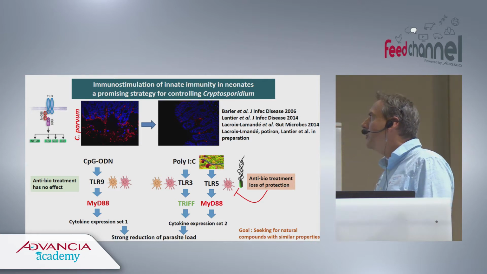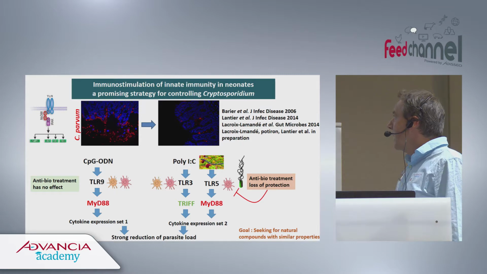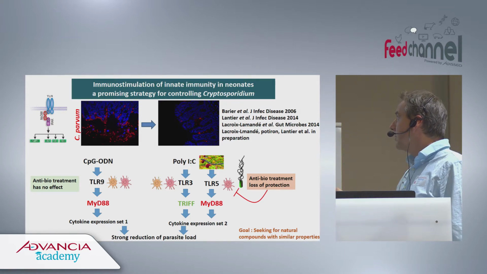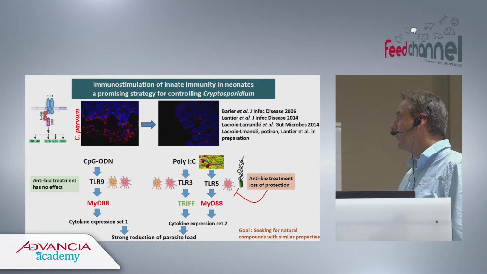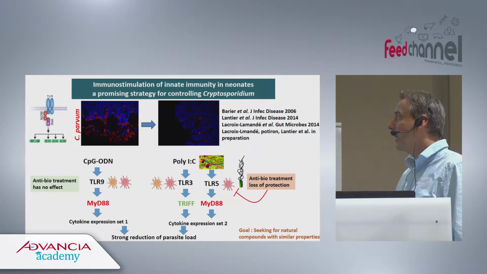It took a while for us to understand how this was working, but in the case of poly-IC, there are signals coming from flagellated bacteria that bind to Toll-like receptor 5, present on the surface of these dendritic cells, and that induce MyD88 signaling, so a different set of cytokine expression. Together with the first signal, that gives protection.